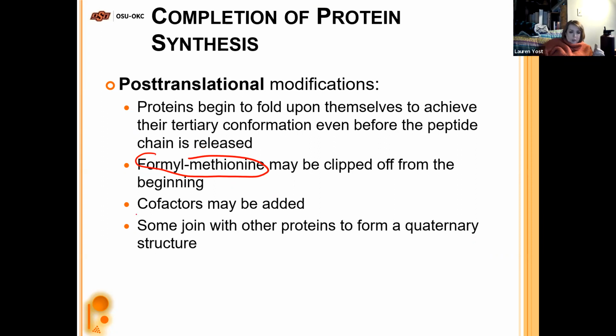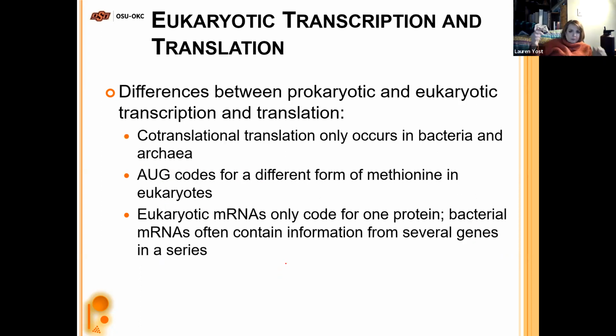You could want to add other cofactors, like iron if we're talking about hemoglobin, or coenzymes for making the apoenzyme into the holoenzyme, right? And you may need more than one subunit to come together to make a functional protein of some kind. So there's more that goes on after that sometimes.